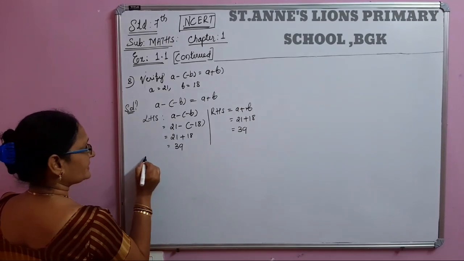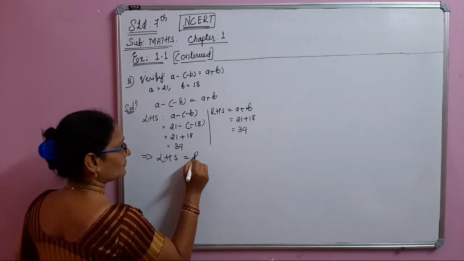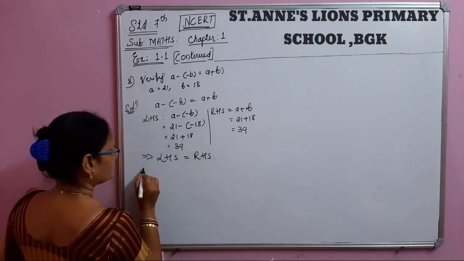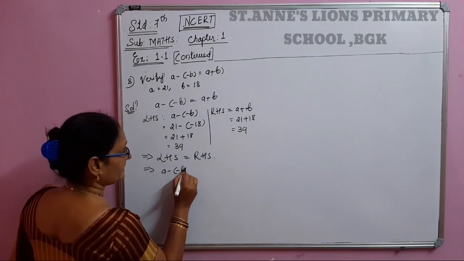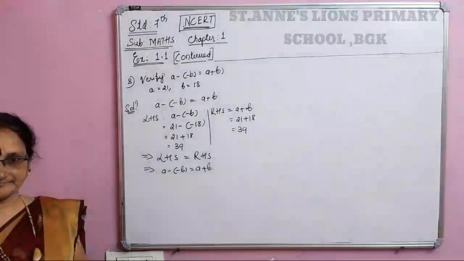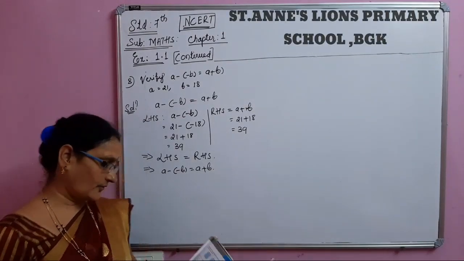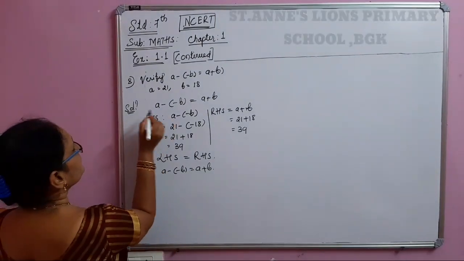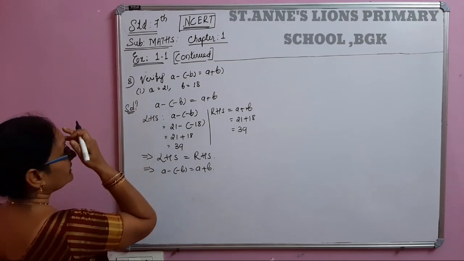You see, this implies that LHS is equal to RHS. This implies that a minus of minus b is equal to a plus b. This is verified. The same way, second, third, fourth are there. See now, this is the first one in the 8th problem.